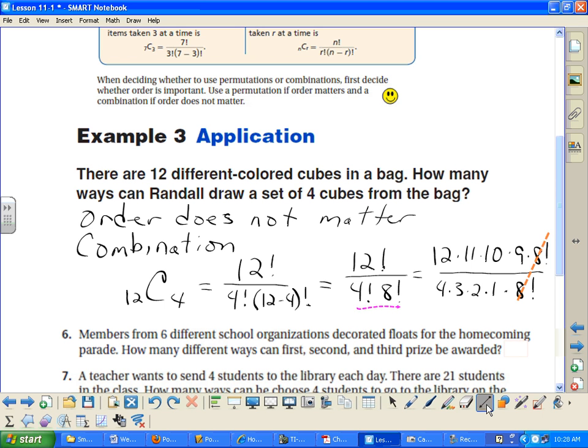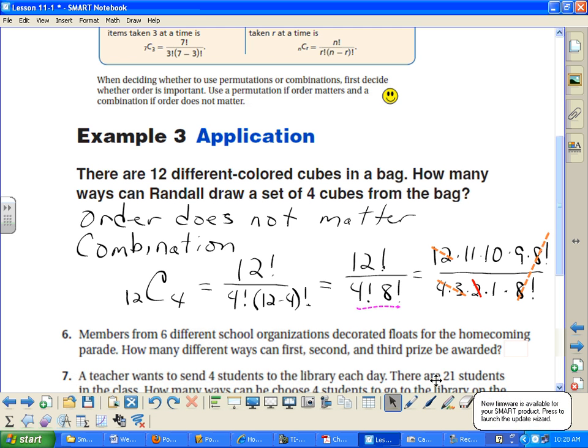What's 4 times 3? 12. So 4 times 3 is 12. And so now I have 10 times 9 times 11 divided by 2. Or I could say this is a 1 and this is a 5.